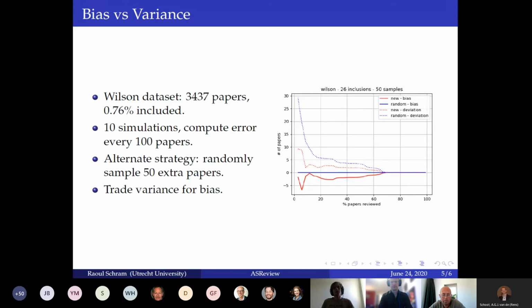Then I also compared it to sampling an extra 50 random papers. For the random papers, of course, there's no bias, but there's a high variance, because if you have one inclusion, then it will blow up in your estimate. So you can either have 1 or 0. Our algorithm has a higher bias, but a lower variance. So it's always a trade-off.